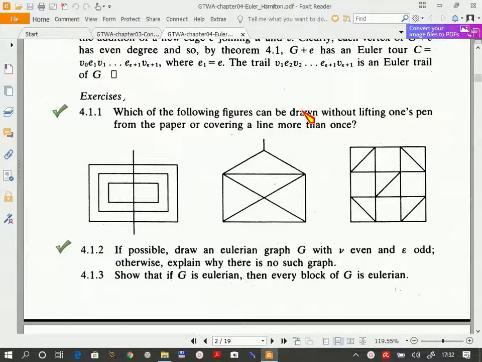Okay? So this is Eulerian, and it's rather easy to see a tour here. 1, 2, 3, 4, 5, 6, 7. So I've done a whole tour, but you do not have the same number of vertices and edges.